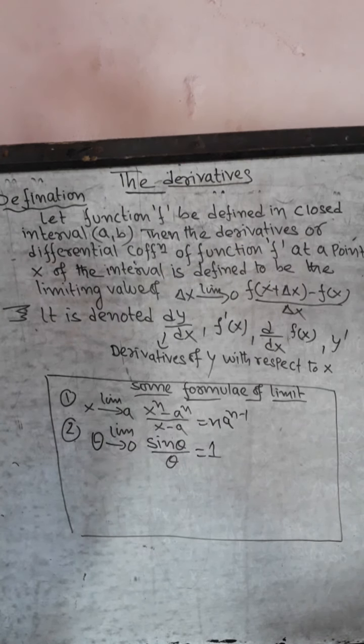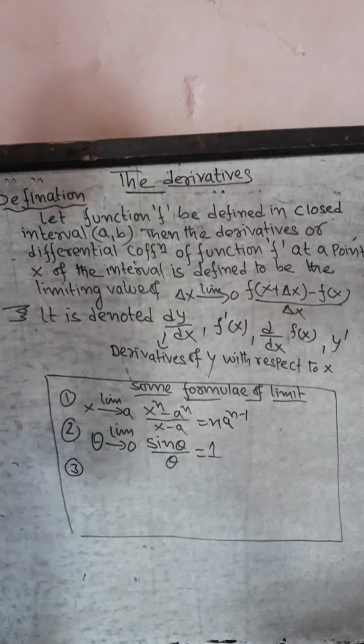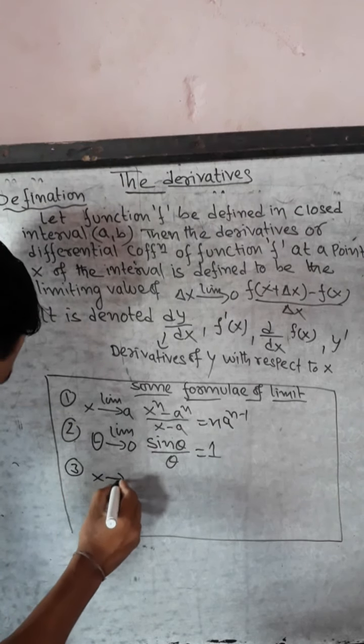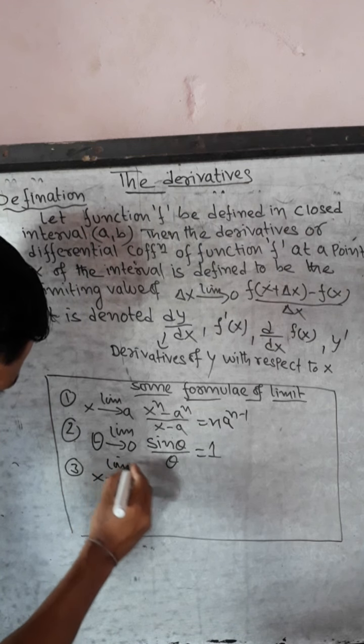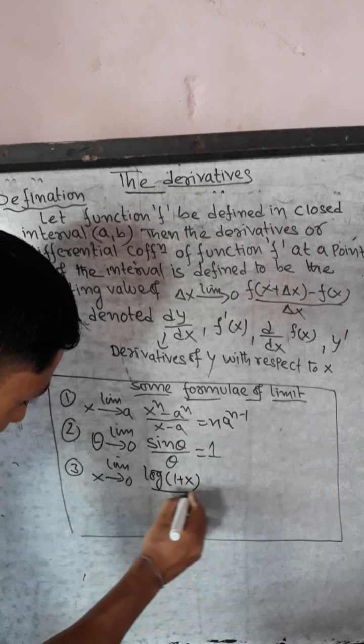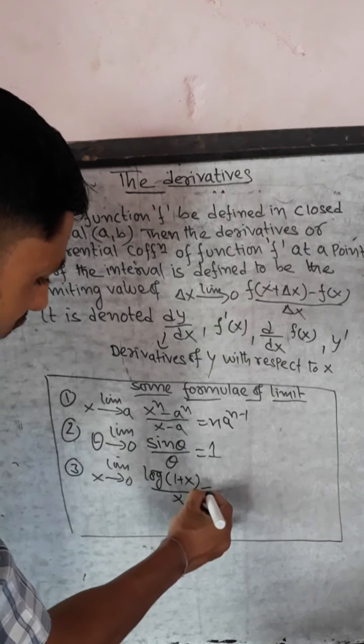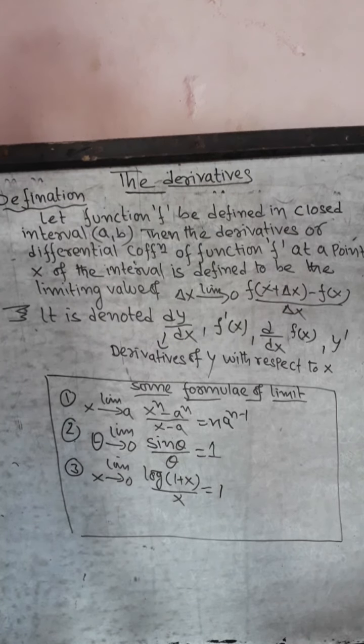Now let's move to the logarithmic function. Suppose there is limit x tends to 0, log 1 plus x divided by x. Then its value will also be equal to 1.